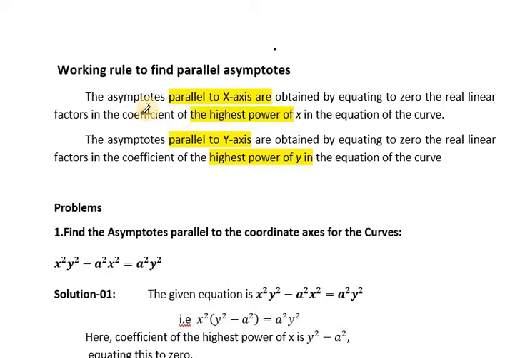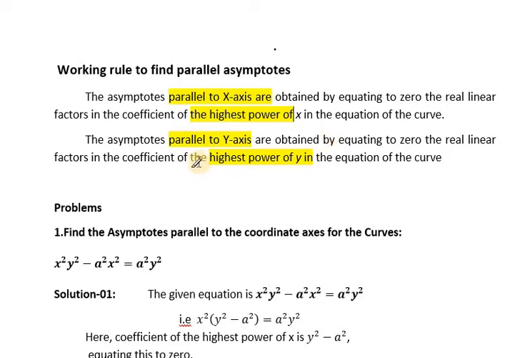So the coefficient of highest power of x is equated to 0, and we find the parallel asymptote to x-axis. Similarly, the highest power of y's coefficient is equated to 0 to find the y-axis parallel asymptotes. So the asymptotes parallel to y-axis are obtained by equating the coefficient of highest power of y to 0.